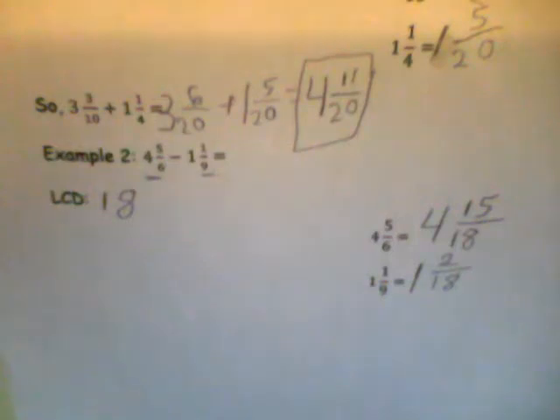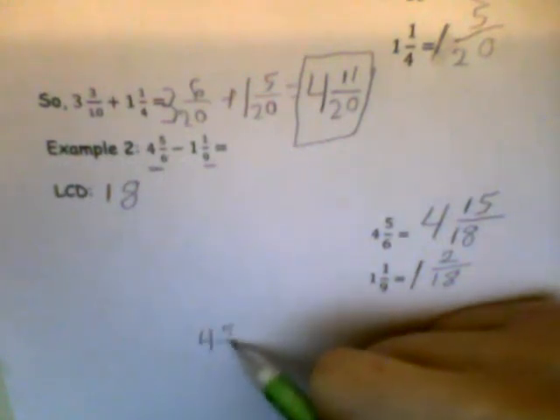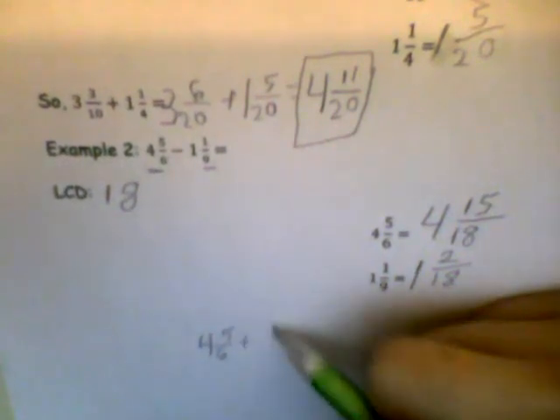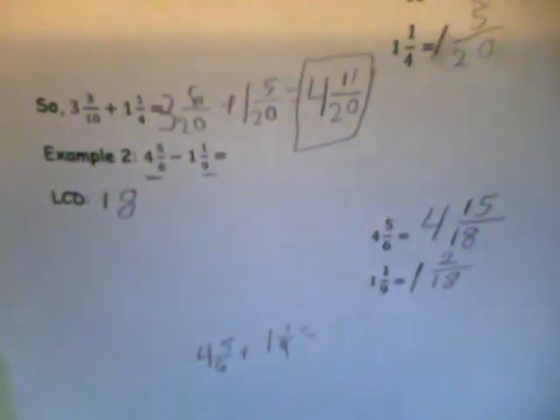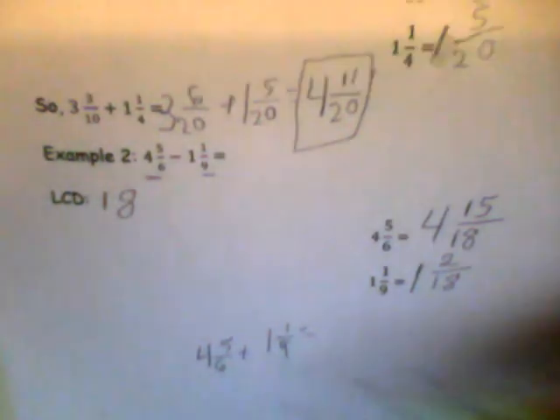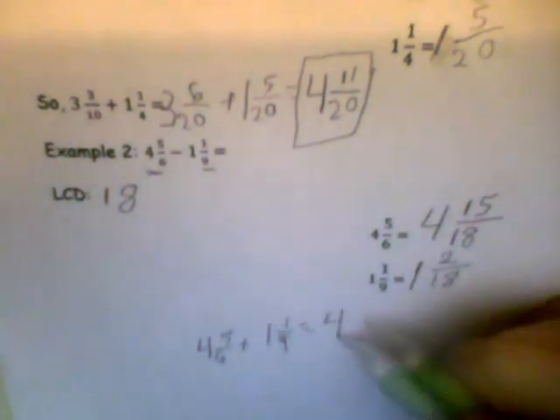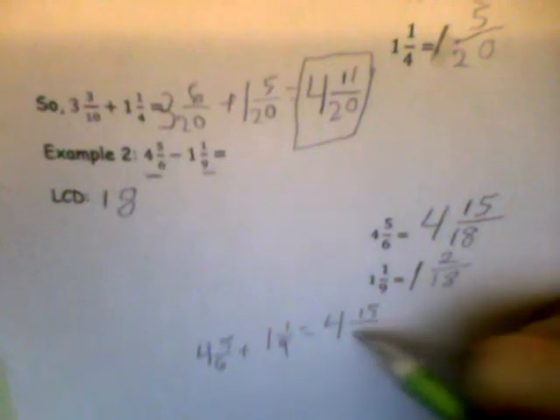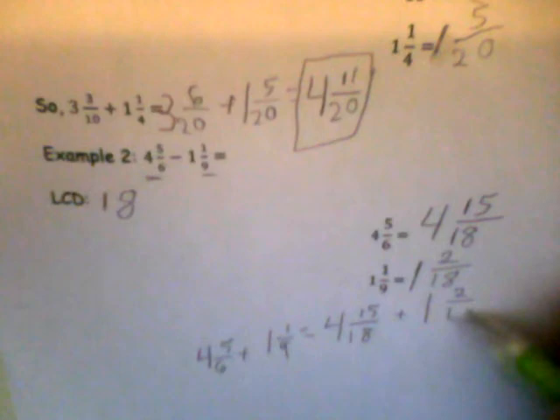Now since I've rewritten my mixed numbers, I can go ahead and add them together. So 4 and 5 over 6 plus 1 and 1/9 is equal to 4 and 15 over 18 plus 1 and 2 over 18.